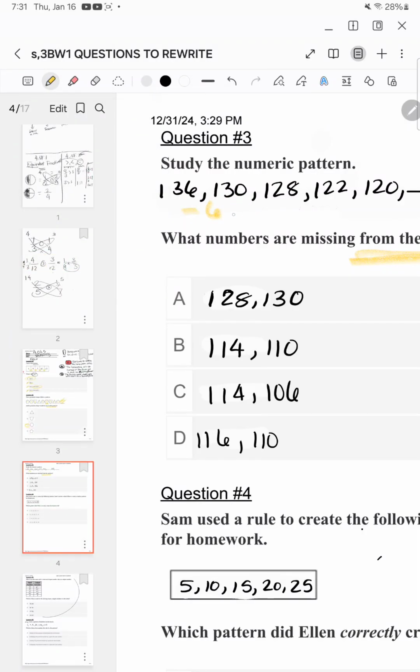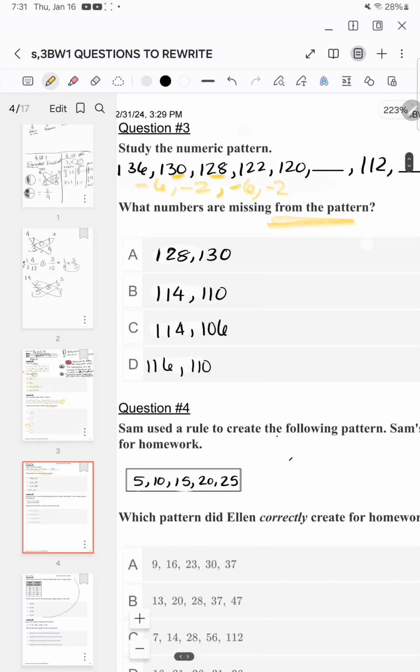Right? And then after I subtract 6, 130 minus 2 is 128, right? And then again, I subtract 6. And then I subtract 2. So I see subtract 6, subtract 2, subtract 6. And next would be, so I subtracted 2. The next step would be subtract 6.